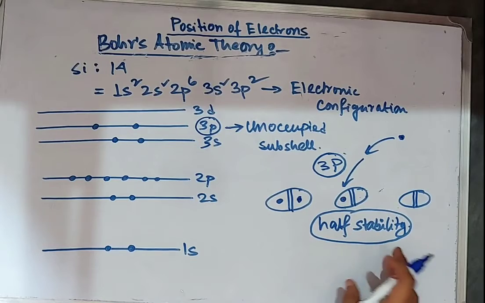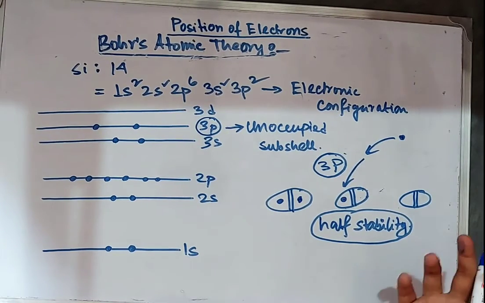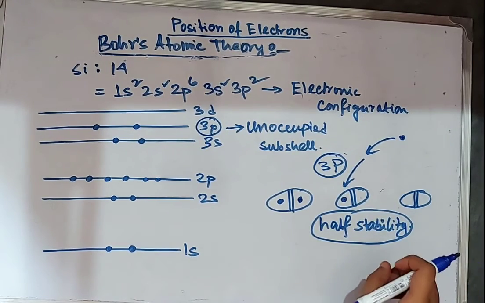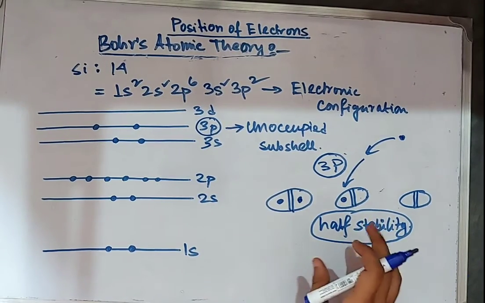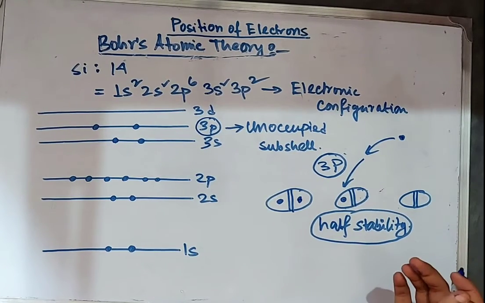Half stability is much more preferable for an atom than being unstable. It is a much better scenario if it gets half stability.